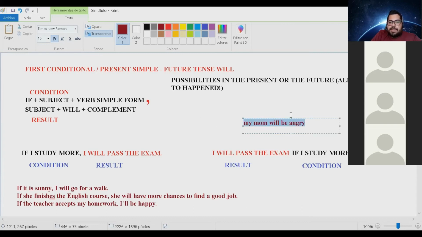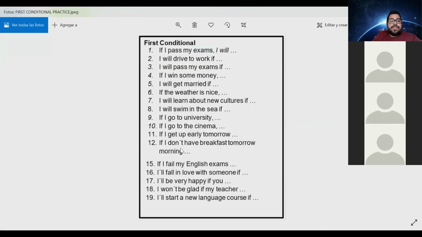My mom will be angry. Okay, that's a good one. The next one, guys, number 15 and number 16. Emerson, number 16.